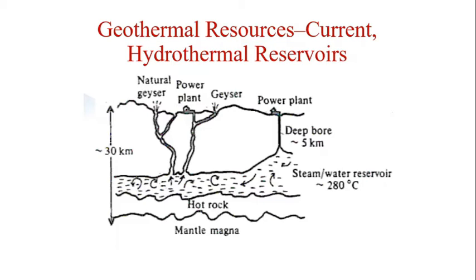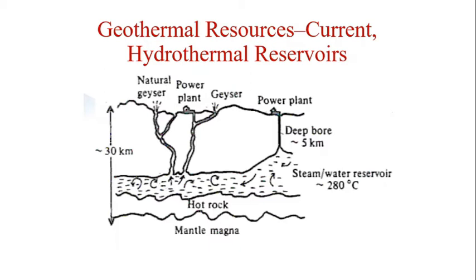Geothermal resources, current hydrothermal reservoirs. In this schematic, at the bottom there is a magma layer. After that, there is hot rock, on which the steam and water reservoir is there at 200 degrees Celsius. It has a depth of 4 to 5 kilometers from the surface of the earth.